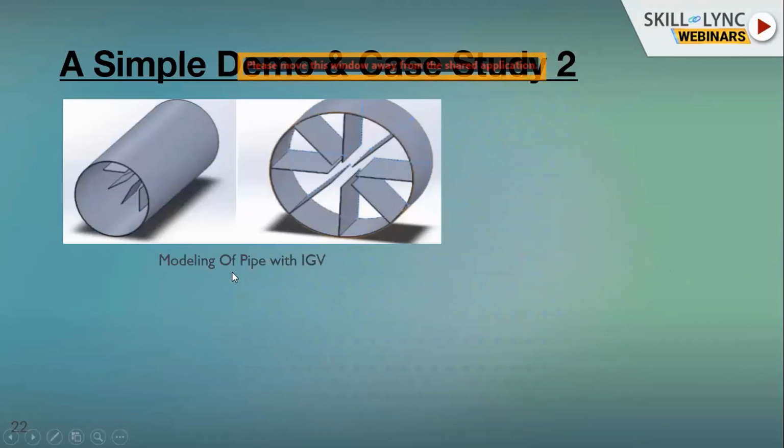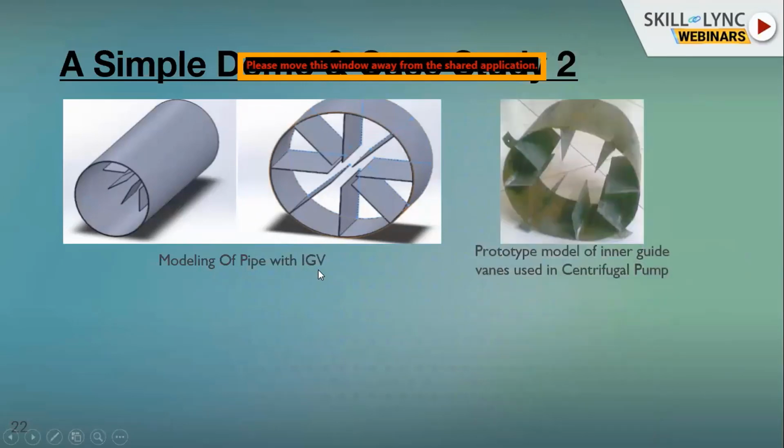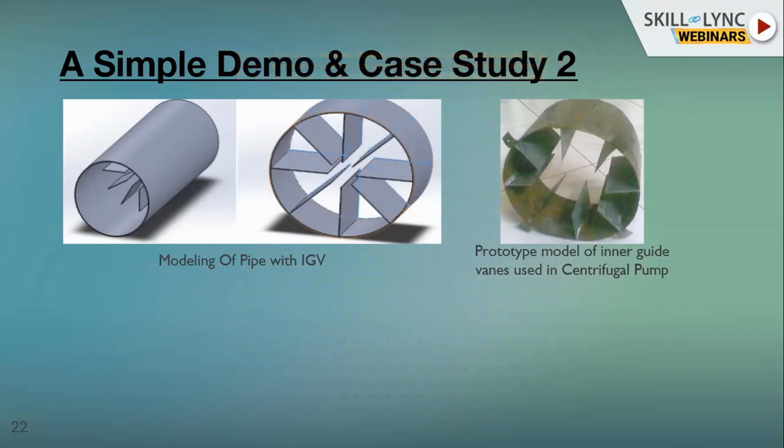First, the modeling of this particular pipe with inner guide vane and without inner guide vane is done. This is modeled in SolidWorks. After modeling in SolidWorks, with the same dimensions he also came up with a prototype of the inner guide vanes, used in a centrifugal pump for his testing.